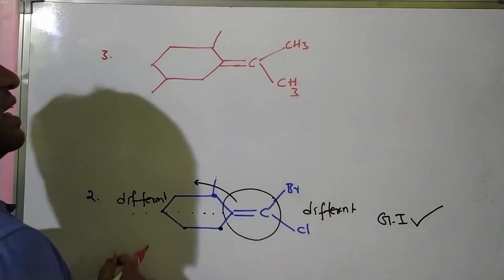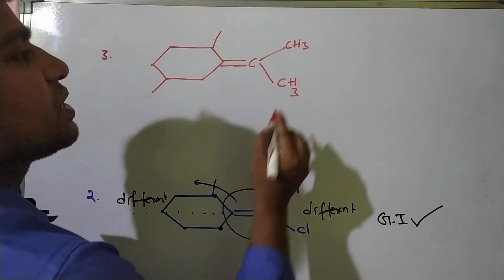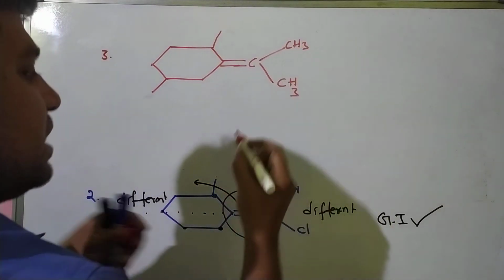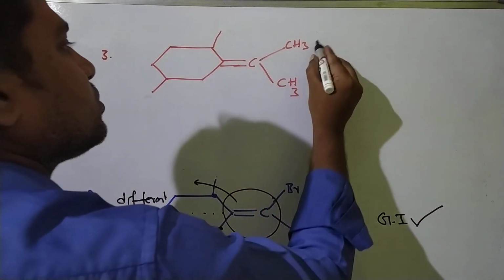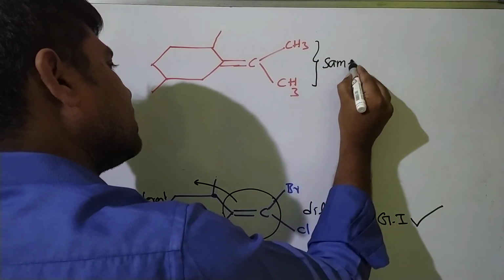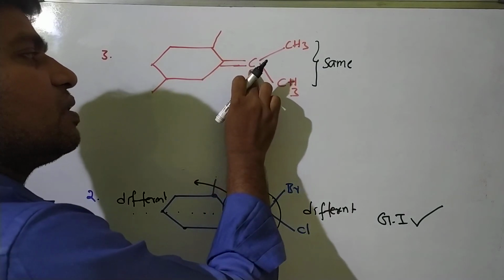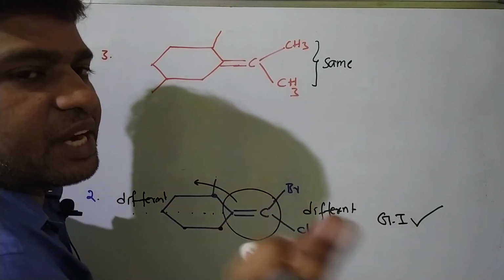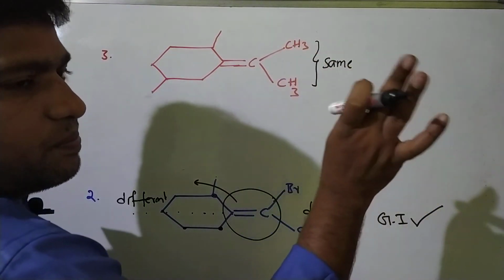This is also methyl. Now here, how many stereocenters? Sorry, these two groups are same. These two groups are same. So this carbon-carbon double bond does not act as a stereo center, no doubt, because these two groups are same.